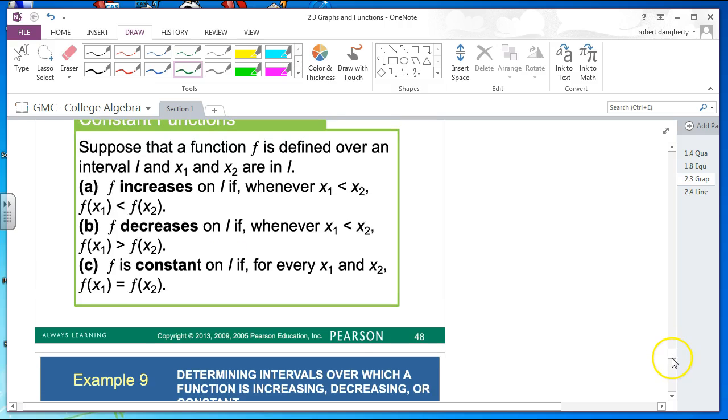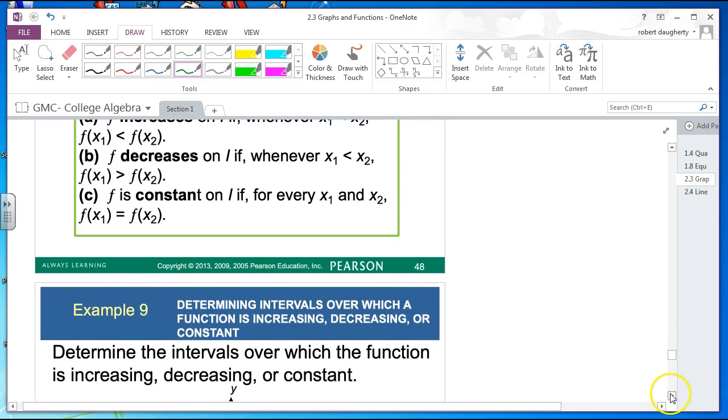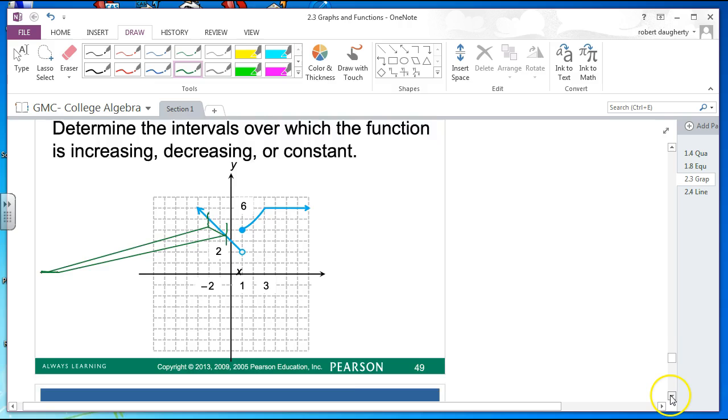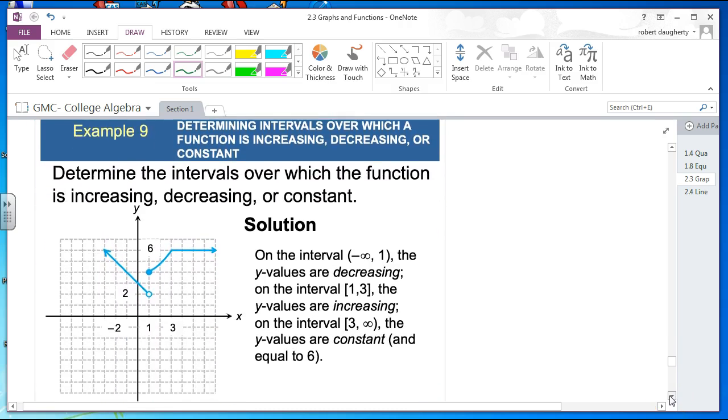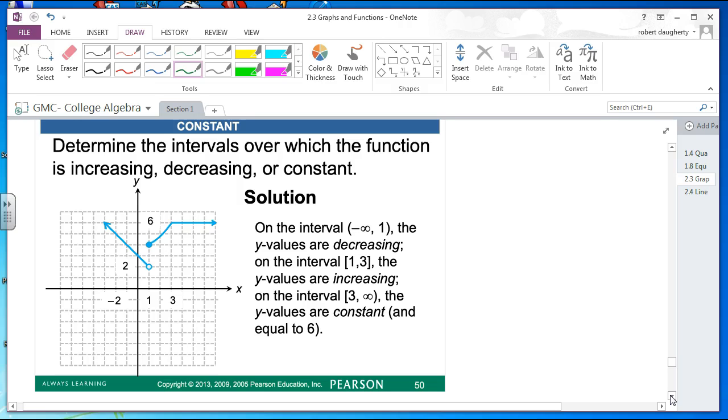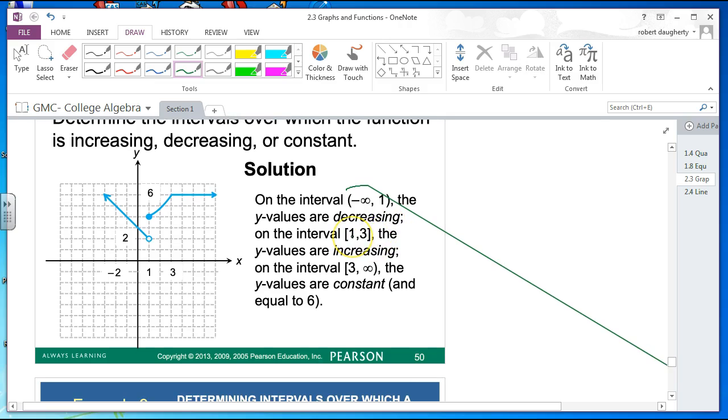So if I look at this function that you see graphed, it tells me that from negative infinity to 1, this graph is decreasing. And note the open parenthesis on the 1, because you see that open circle.